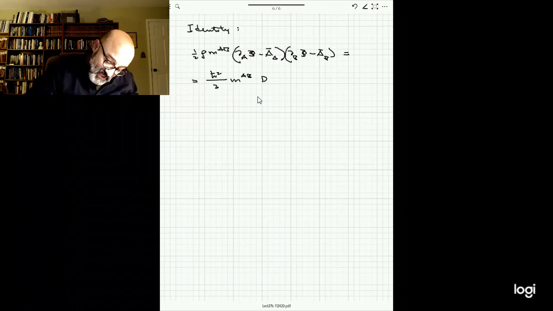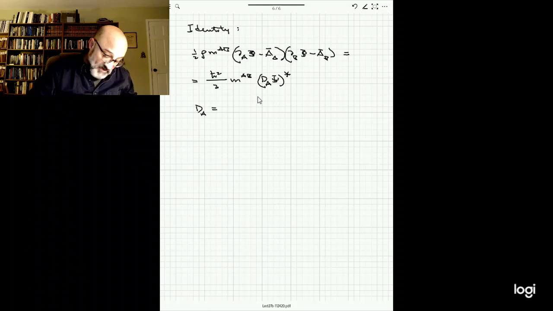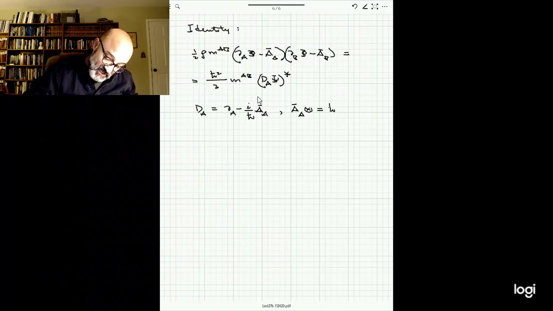Then there is a derivative of the wave function squared, where these derivatives are covariant derivatives, a derivative minus i over h A, where A in configuration space has components h beta n A x n.